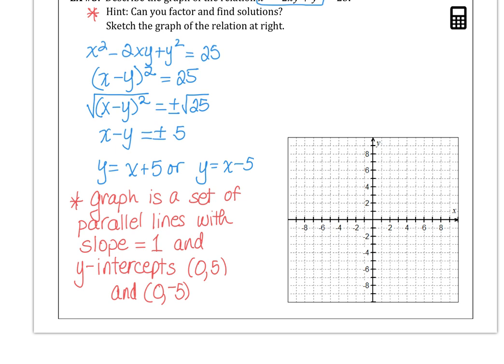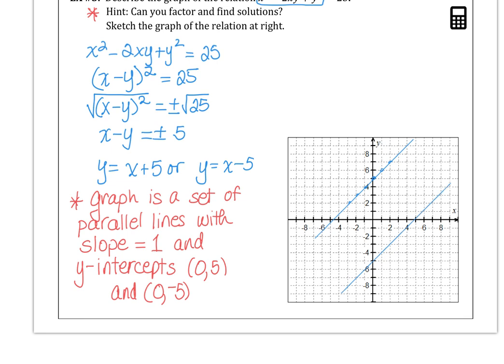So we end up having two different lines. They're parallel to each other. The slope is 1. One has a y-intercept at 0, 5, and one has a y-intercept of 0, negative 5. So if we can draw those here, you can see what happens. 0, 5 and 0, negative 5.